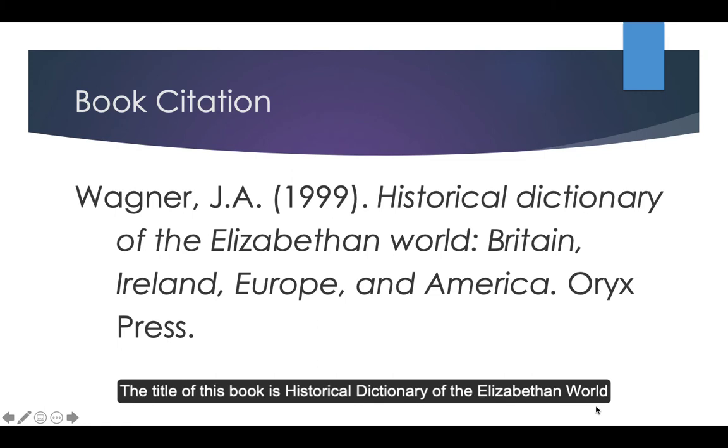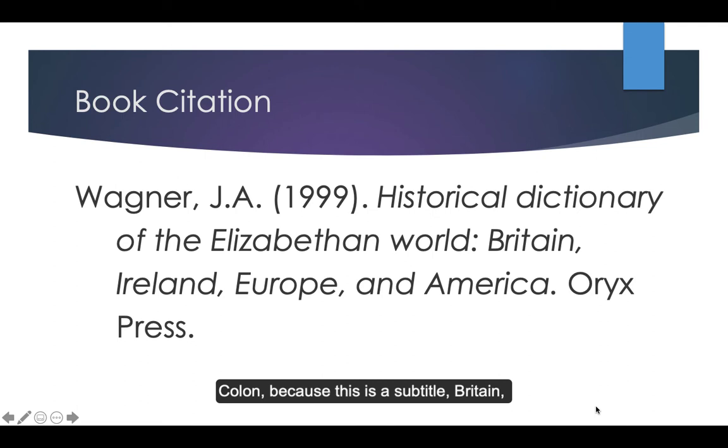The title of this book is Historical Dictionary of the Elizabethan World, colon, because this is a subtitle, Britain, Ireland, Europe, and America. And you'll notice that for the title, only the first word is capitalized. Everything else after the first word is lowercase letters.